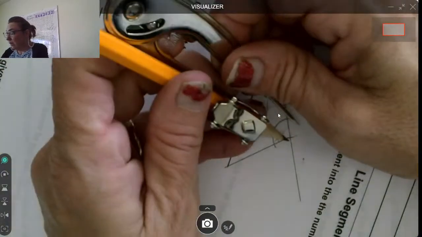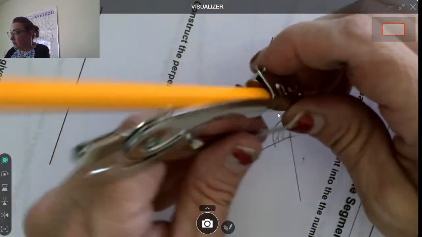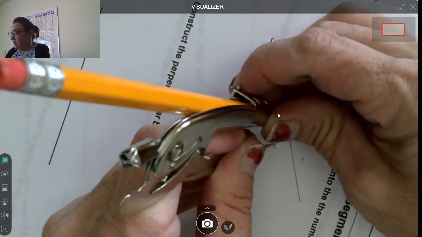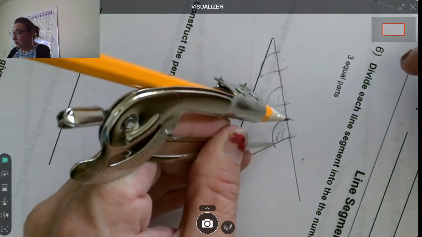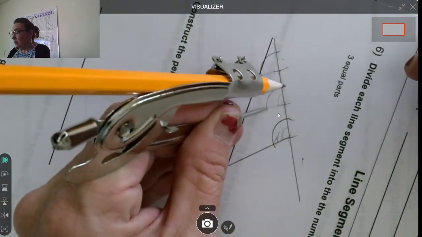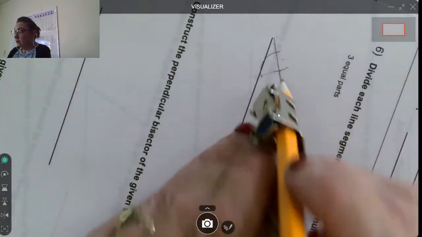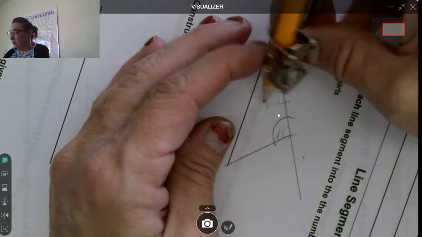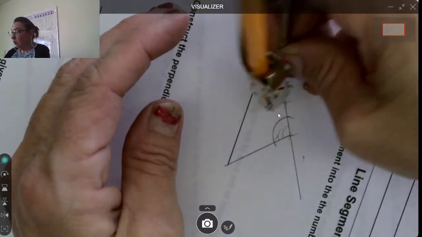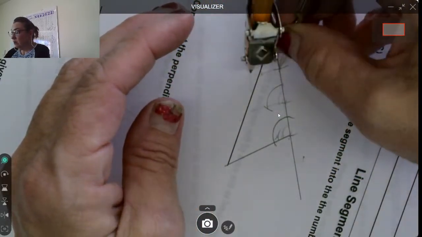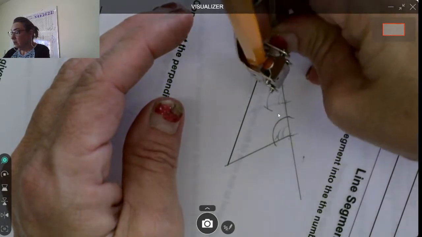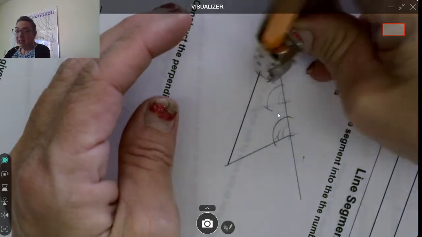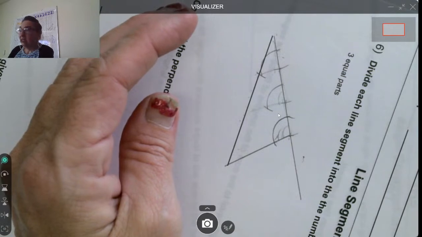Then we're going to measure out how far it is from this line to that. Just like we just did, right? And we're going to make an arc that crosses the arc we just made. I almost didn't make those arcs long enough. I can see where they're supposed to go, but I really need to make those arcs longer.